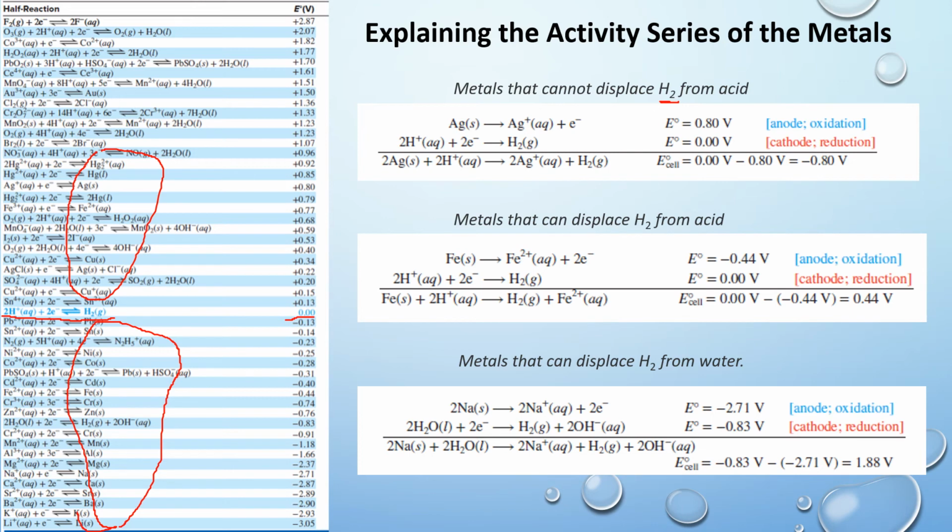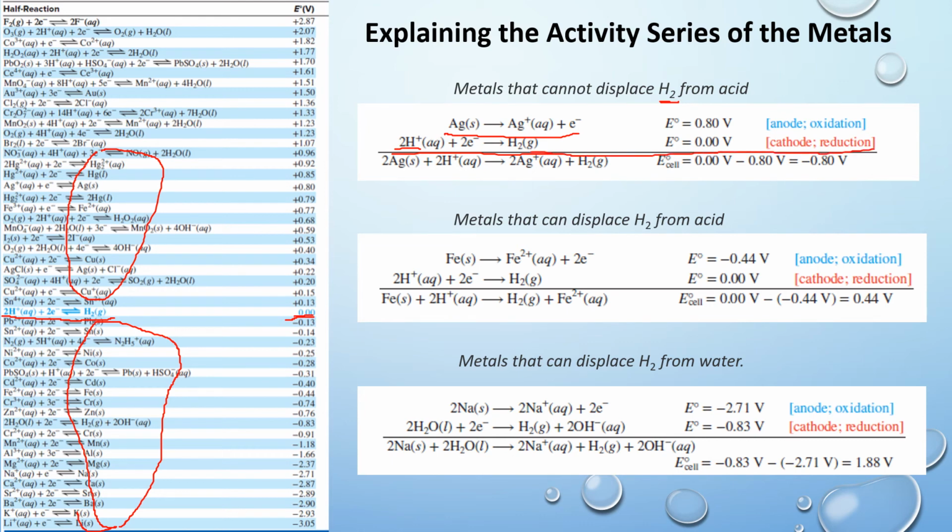For example, when you put silver into acid and you add these two reactions together, because here you want to reduce the proton, this is a reduction. So this 0 here, this half reaction is on the cathode.